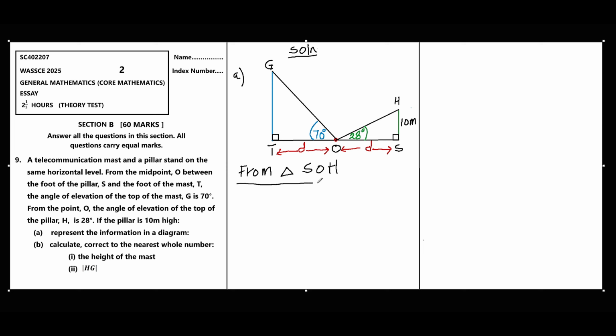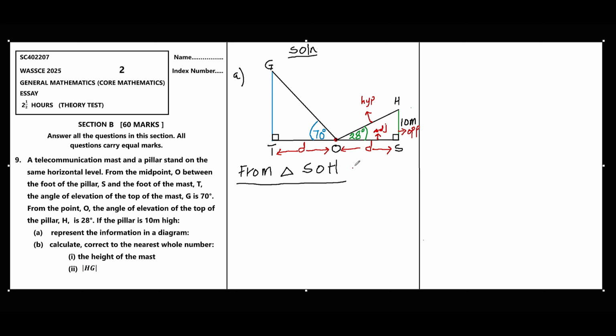Because it's a right angle triangle, we can name the sides. The side facing the 28 degrees will always be the opposite. The side facing the 90 degrees angle will be the hypotenuse. That is the longest side. And then the remaining side here, that is line OS, will be the adjacent.